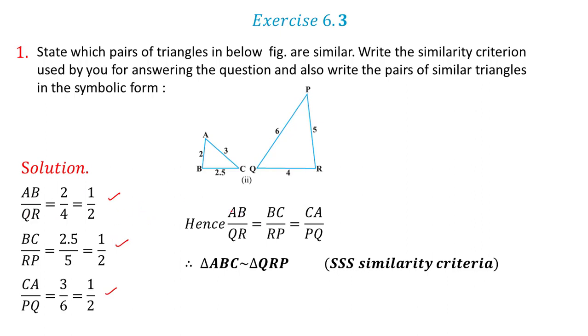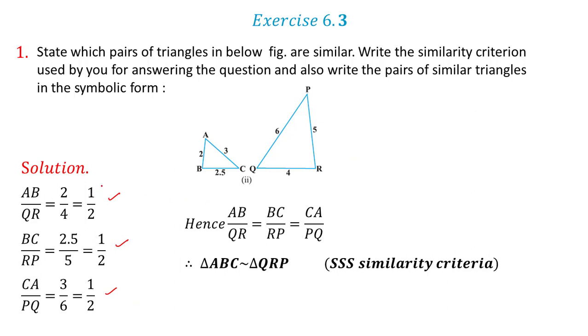Similarly, I have done for BC. Second I have taken BC. So AB I have already taken, QR I have already taken. So point A I have decided how I have to use. Then BC. For point B, BC is 2.5, and for 2.5 we should have a relation with this PR. So whether I should write R first or P first, in the same manner you can identify, and like that I have done.